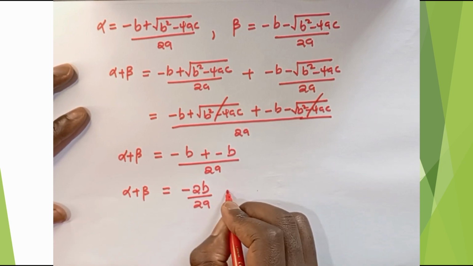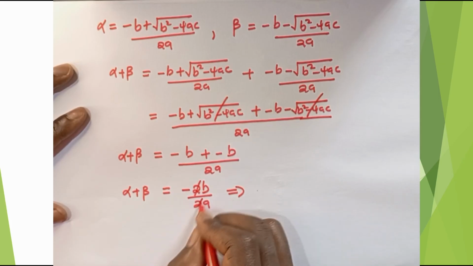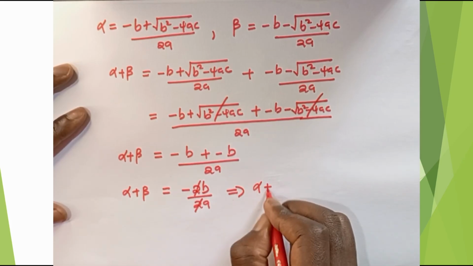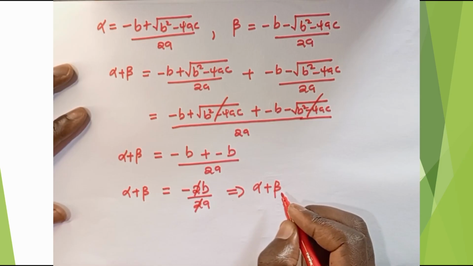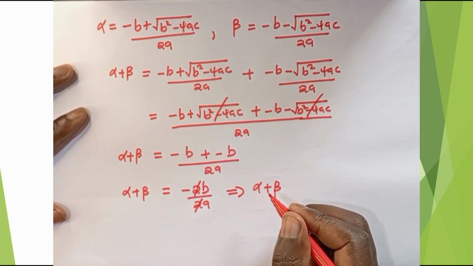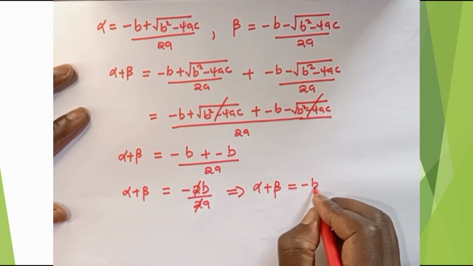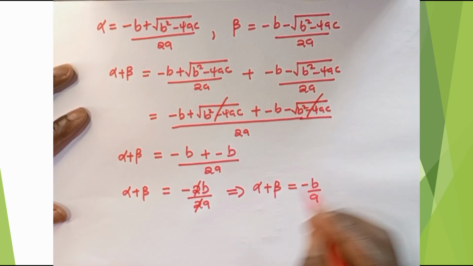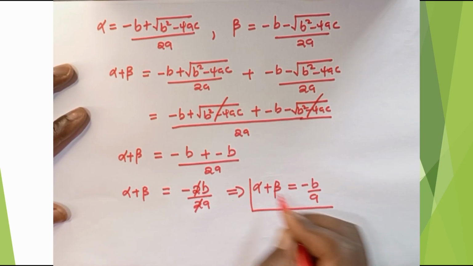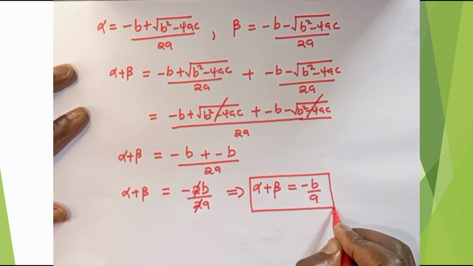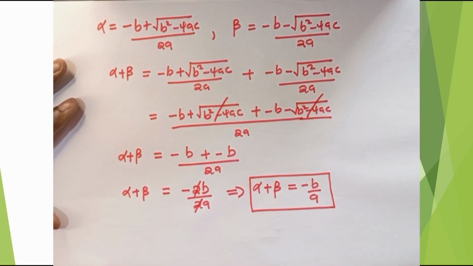This simply means that if we take away the 2, our alpha plus beta, that you always see and use without knowing where it comes from, is actually negative b out of a, and it comes from here. So now we know where alpha plus beta comes from.